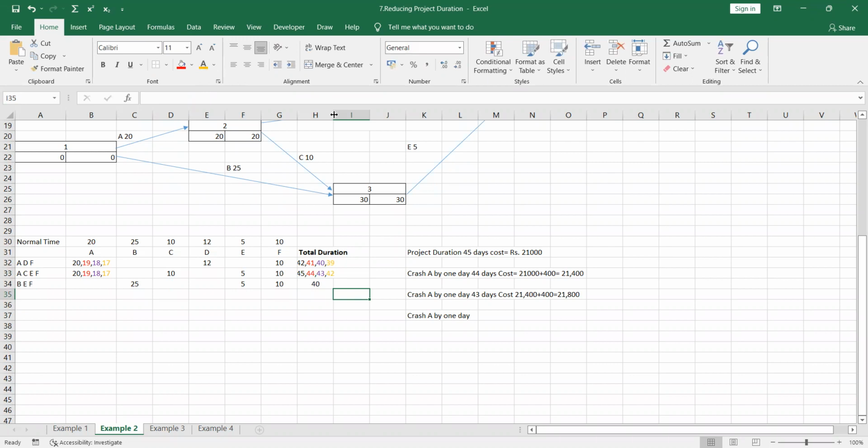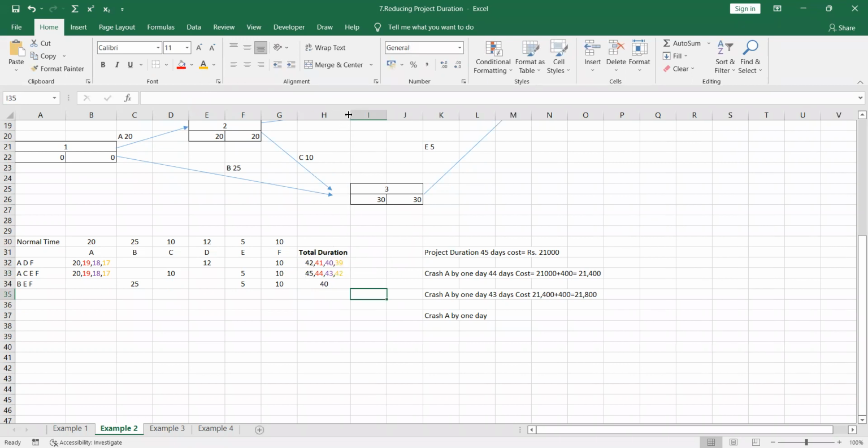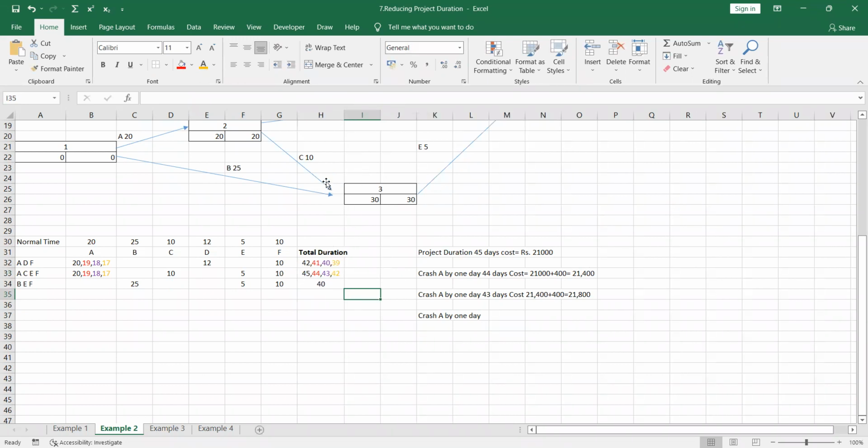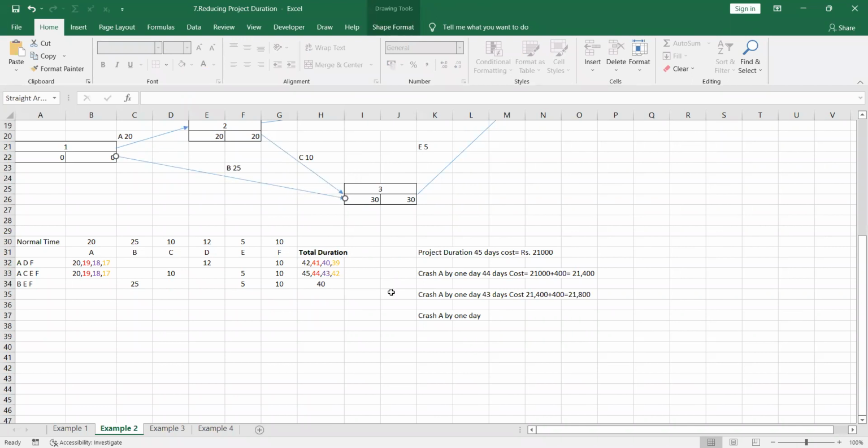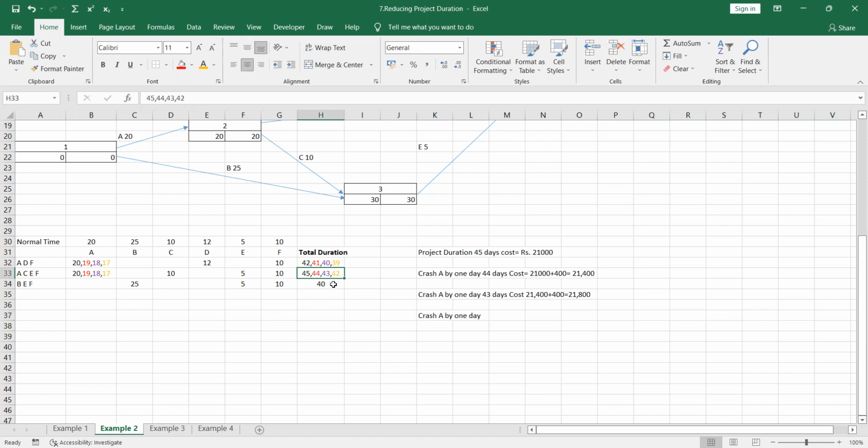So when we are crashing activity A by 1 day, what is the critical path? Still the critical path is ACEF. Crash A by 1 day means we are having 42 days, right?